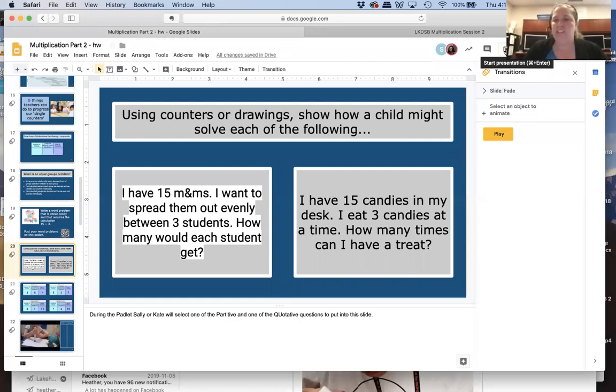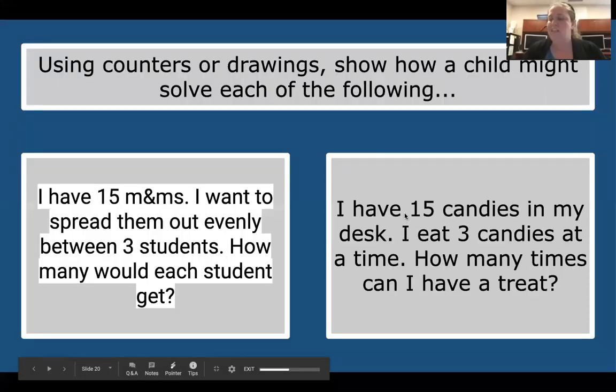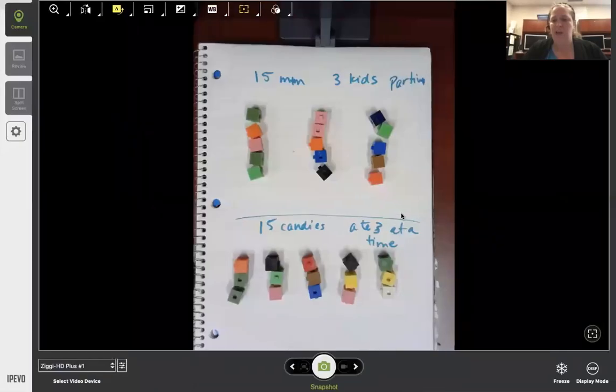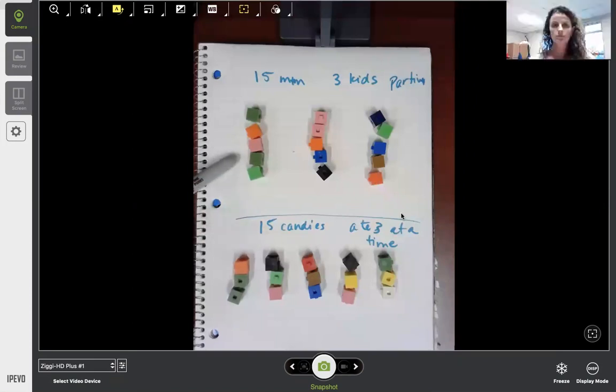And oftentimes that second one, the quotative one, where the other number is what's inside the group, throws us a bit for a loop as teachers. We're expecting this top picture. And if they start to work towards this picture, we're confused, and we sometimes redirect them unintentionally. We're trying to help them, but we were expecting this, and they start making this, and it throws us a little bit.